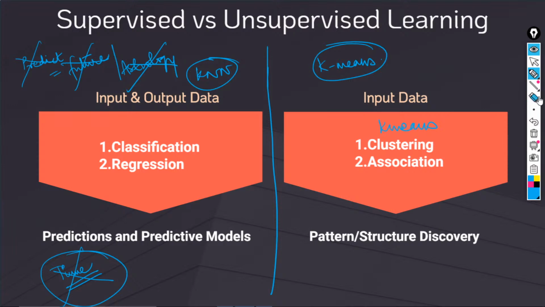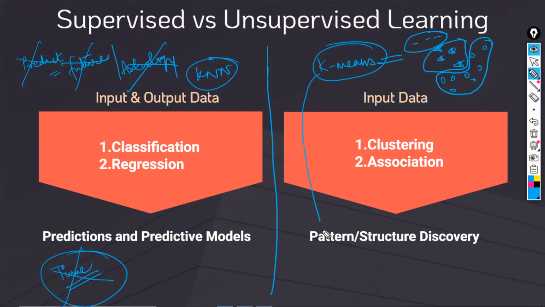Now, when we talk about K-means, here, K-means mostly tries to find out clusters of data. Like I have triangles, I have circles, and then I have some lines. So it would give me three clusters: cluster 1, cluster 2, and cluster 3. Right?